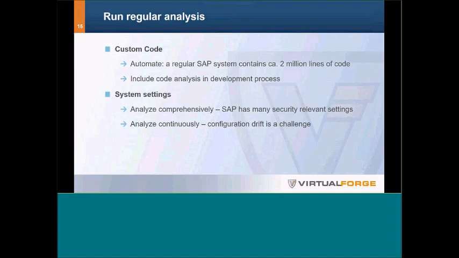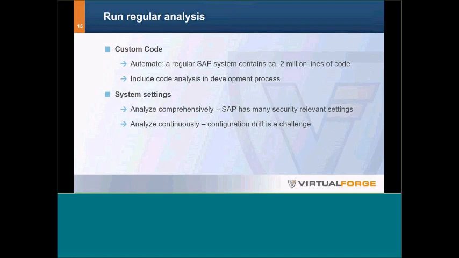If you want to check them all manually, the ratio of automation versus manual is not as bad as with the code review, but nevertheless, just imagine logging on to every single SAP system, checking all of these thousands of settings, and logging out again, and then going on to the next system. That also takes a lot of time and effort, so it's also something where we recommend to automate this.